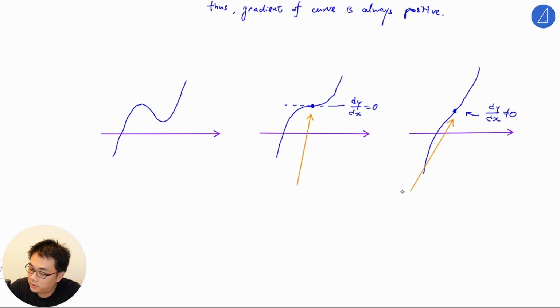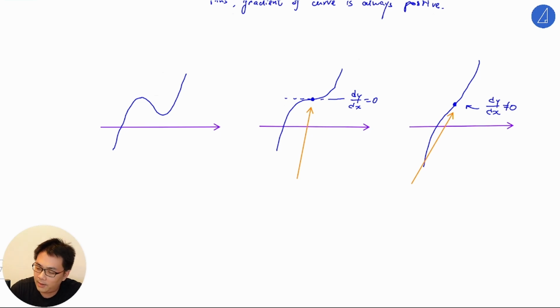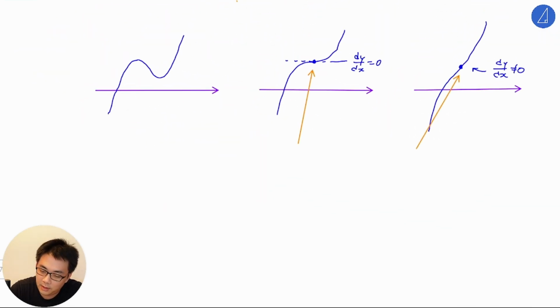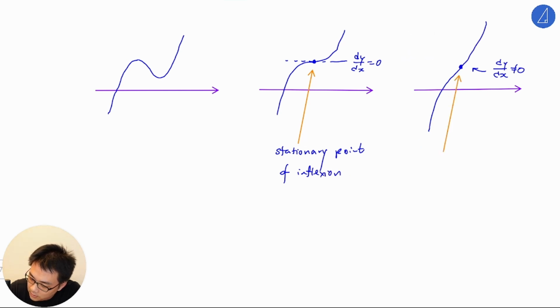This is just a typical point of inflection. So let me just recap this. I'll just write this down. This stationary point of inflection. This one here is just a typical point of inflection.